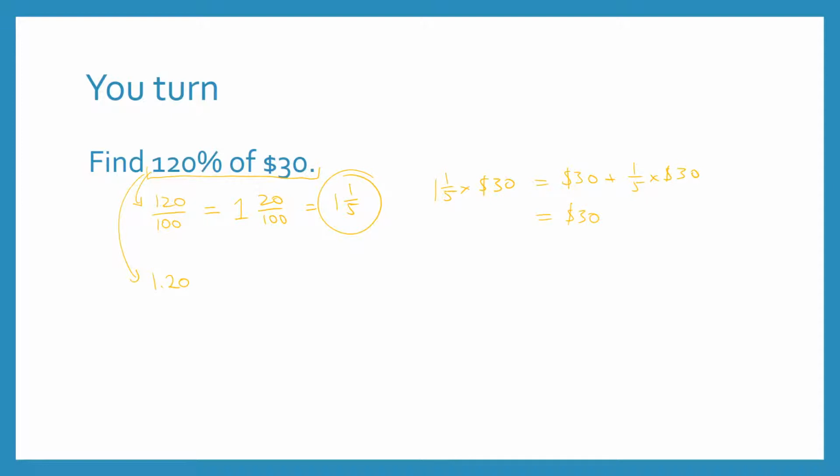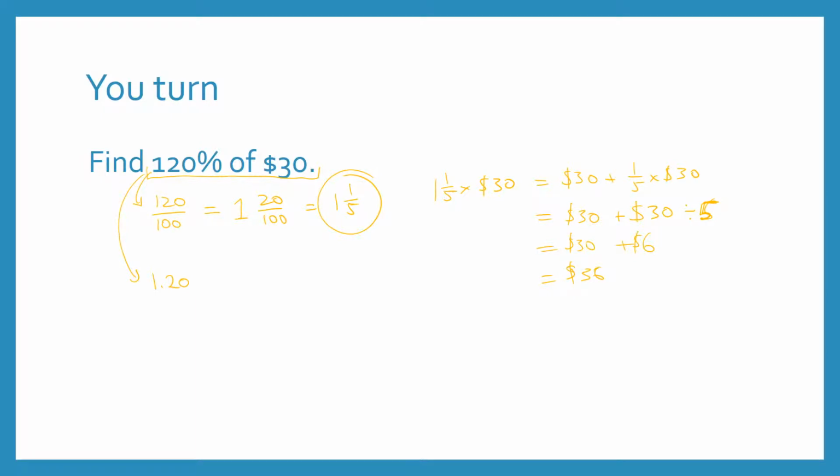So we're going to have 30. And then 1/5 of $30 is the same as $30 divided by 5. So that looks like a 6. So we get $30 plus $6, which ends up with $36.